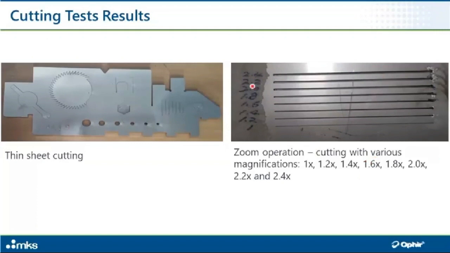If you change the magnification or the focal length to 2.2, you get this cutting. If you change the magnification to 2.0, you achieve this cut. 1.8 magnification, this width. 1.6, you achieve this. 1.4 magnification, you get this width. 1.2 magnification, this width.